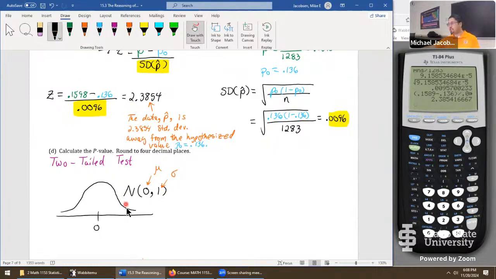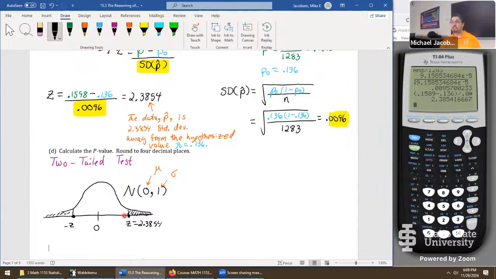If it's positive, then we're going to go over here and double the area to the right of wherever z was. So I'll place it about right here. Z is 2.3854 standard deviations. And this tail right here is not the whole p-value. We also have a negative z over here, which gives this tail.